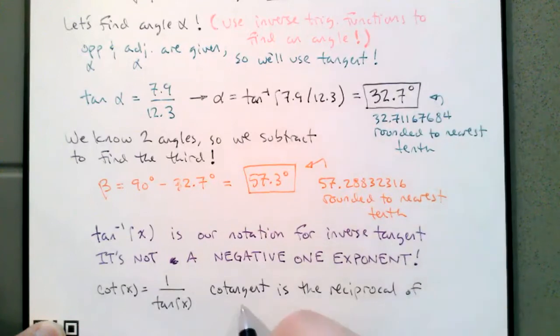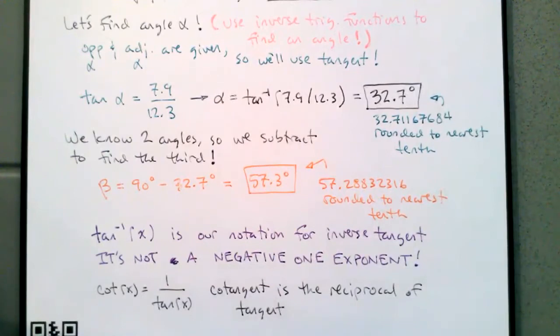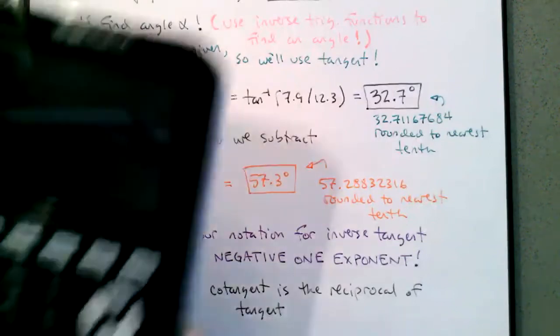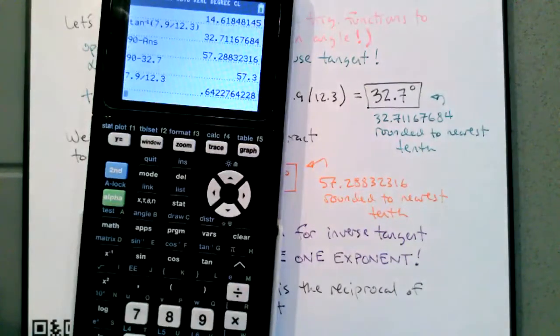So having that tangent inverse up there before the 7.9 over 12.3 doesn't change anything in the actual math of it. We're just saying inverse tangent of 7.9 over 12.3. The tangent inverse of 7.9 over 12.3 got us to 32.7. 7.9 over 12.3 is 0.642.